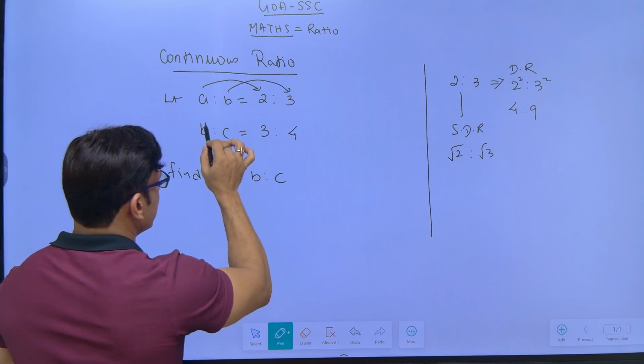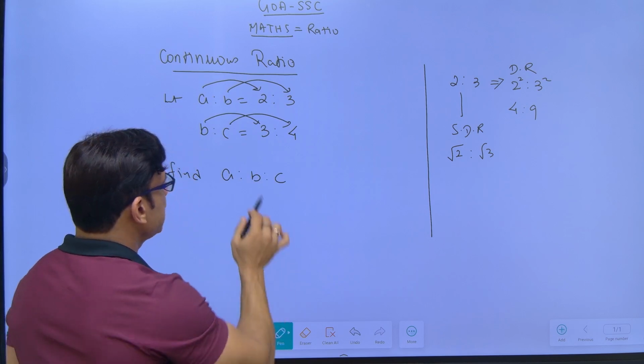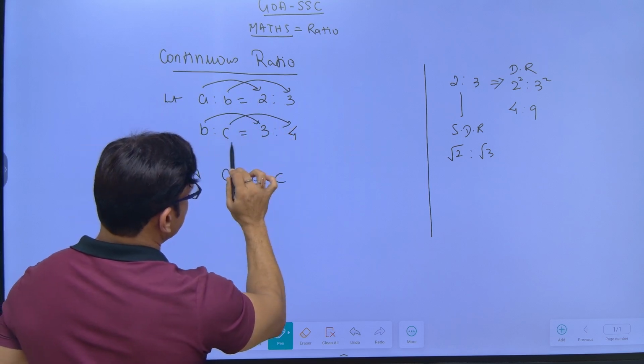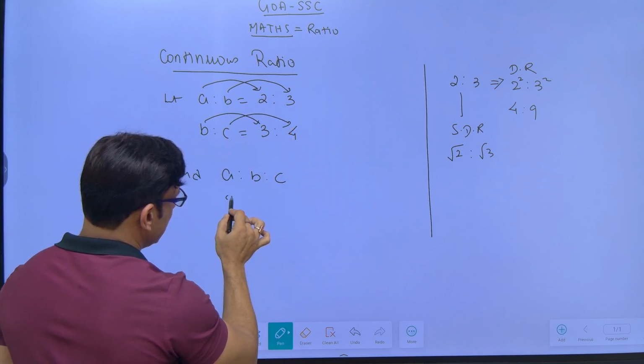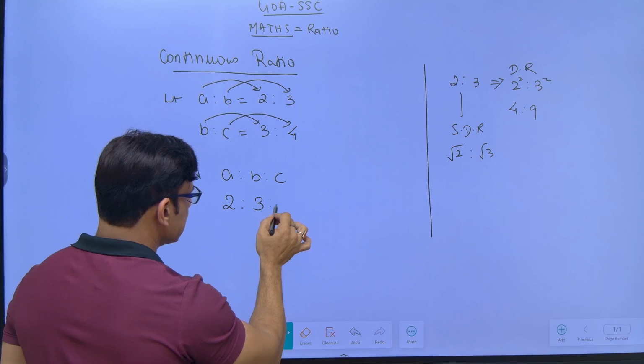And in the same way on the ratio scale when B is 3, C is how much? 4. Means when A is 2, B is 3, but at the same time when B is 3, C is 4.